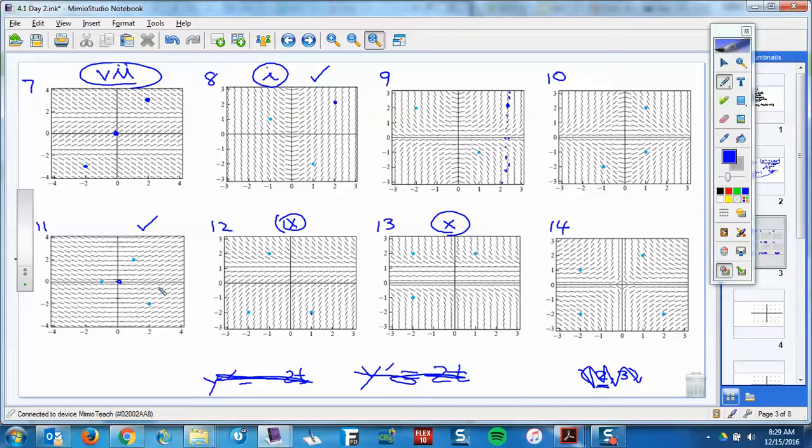Is that what you had for 11 with Roman numeral 8? That doesn't look right, does it?